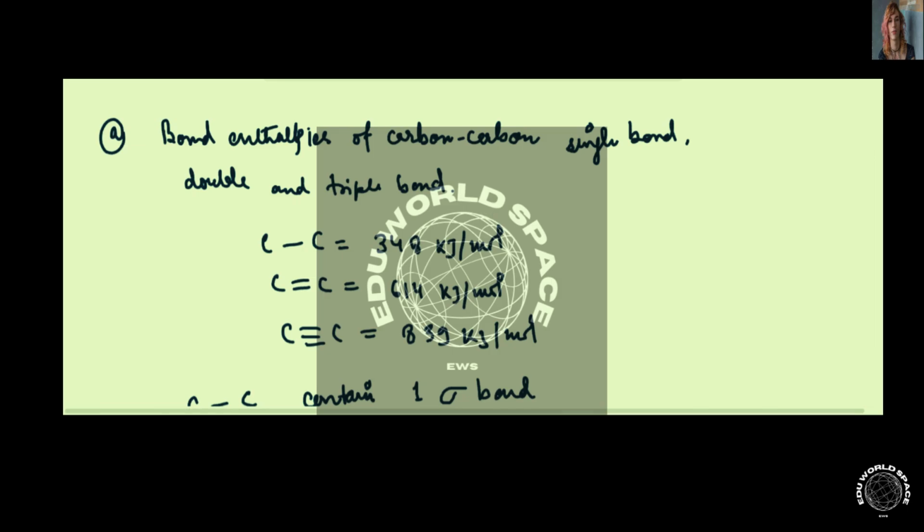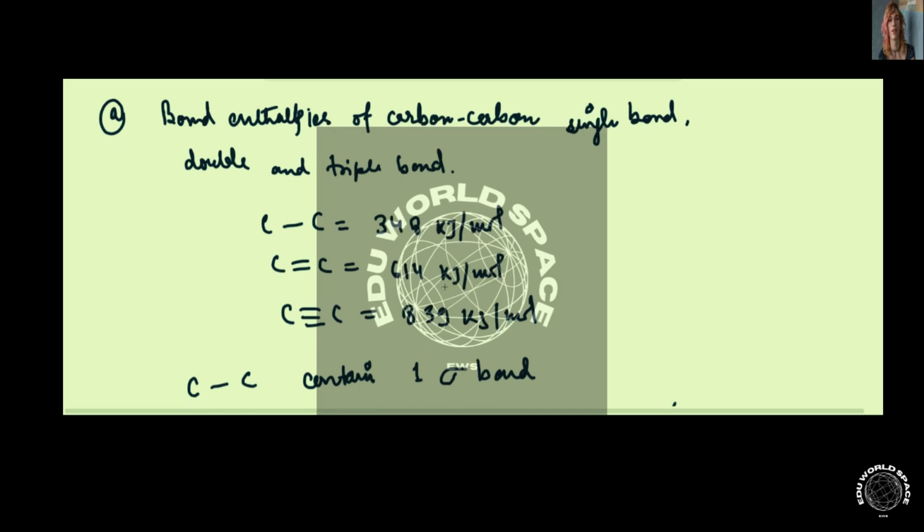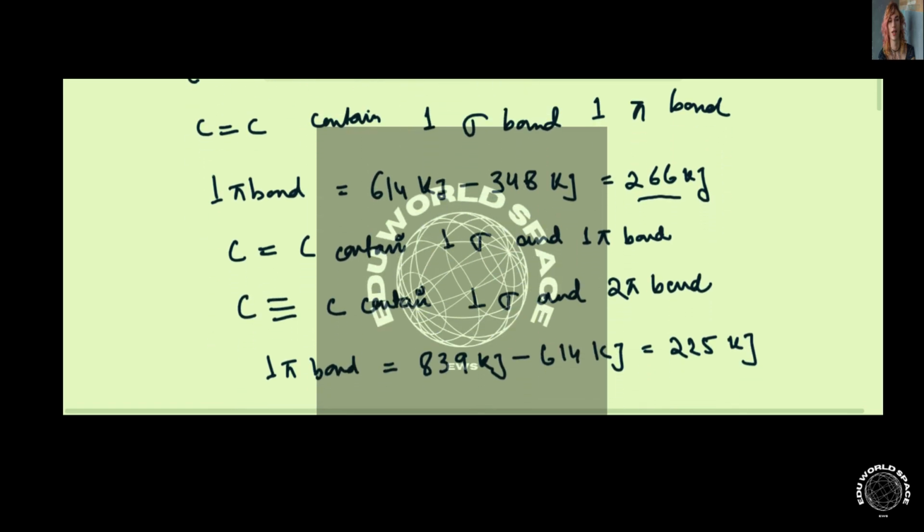So the bond enthalpy of carbon single, double and triple bonds is 348, 614 and 839 kilojoules per mole. C single bond C contains 1 sigma bond, and C double bond C contains 1 sigma bond and 1 pi bond.